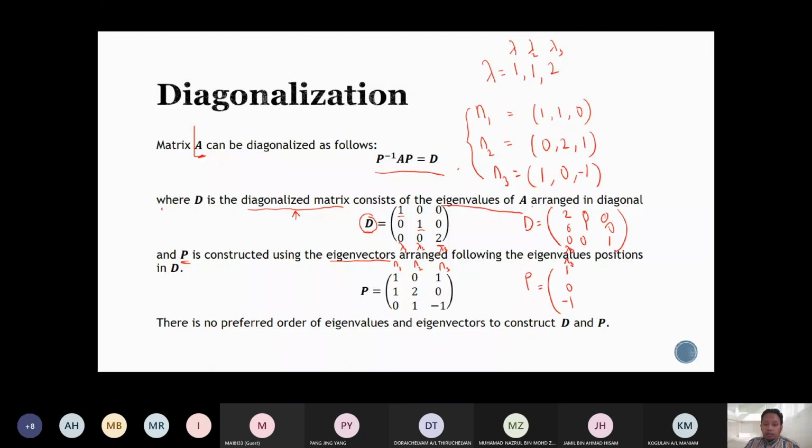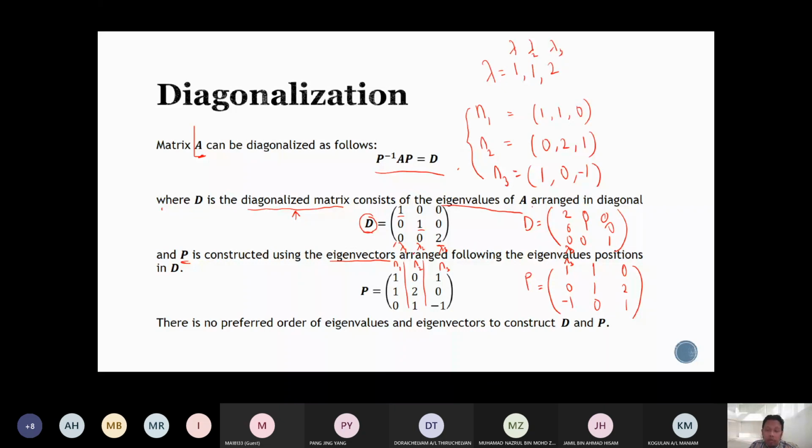And then let's say this is lambda 1, so you have 1, 1, 0, and then 0, 2, 1. So the arrangement depends on where you place the lambda. If this is lambda 1, then this column will be n1, lambda 2, n2, and so on. Make sure you arrange them accordingly.